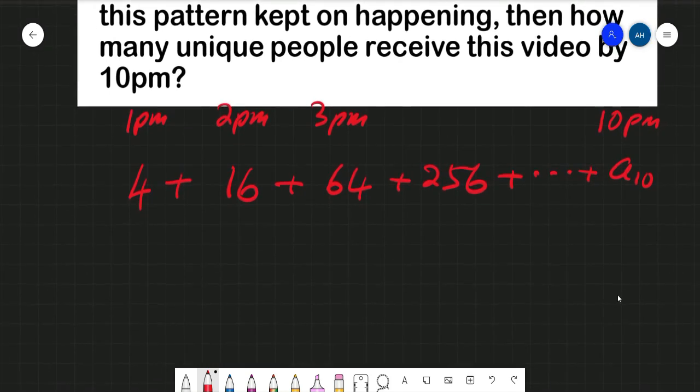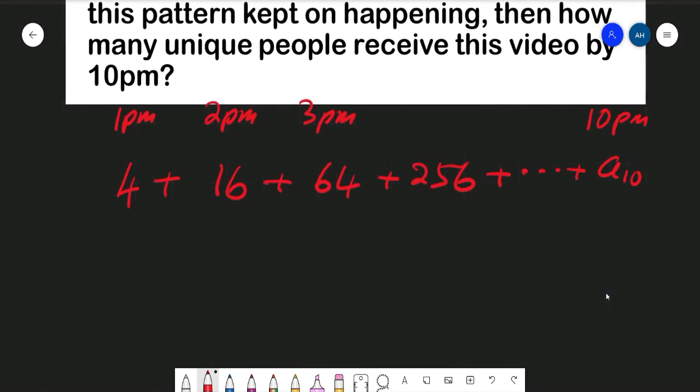Now if we look carefully at this series, we see that the value of A1 is equal to 4, and the value of r is 16 divided by 4, which is 4. A1 is 4 and r is also 4.